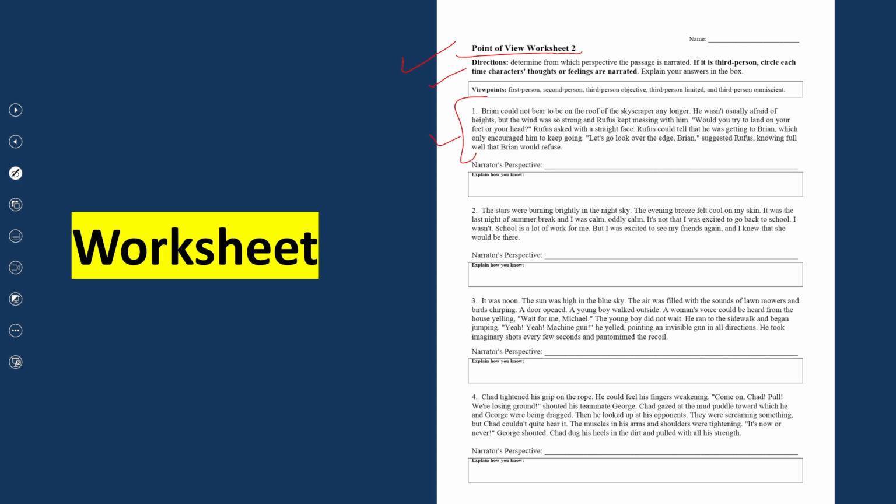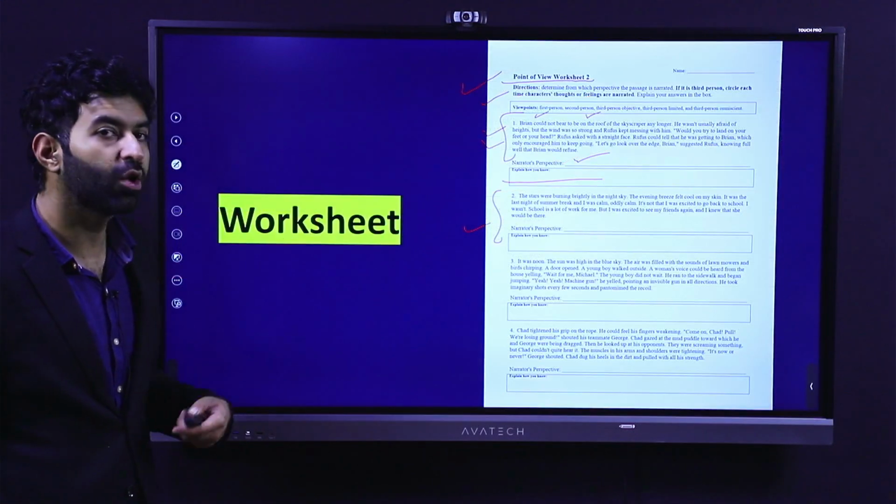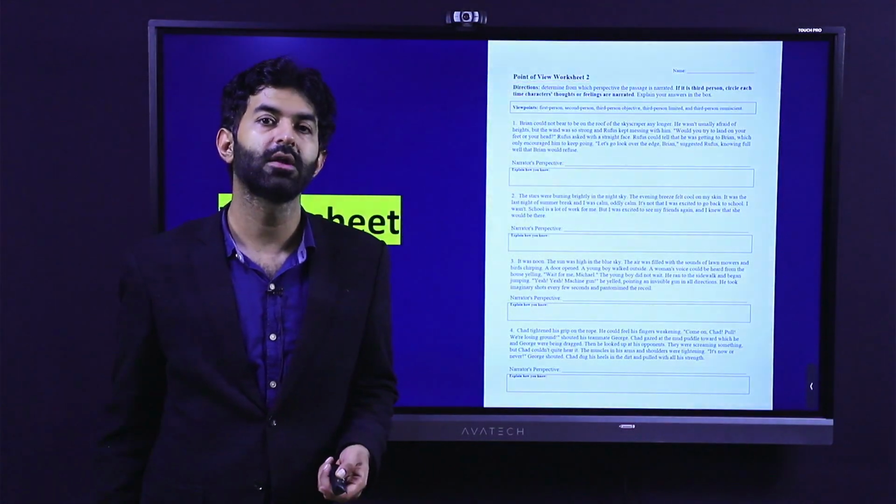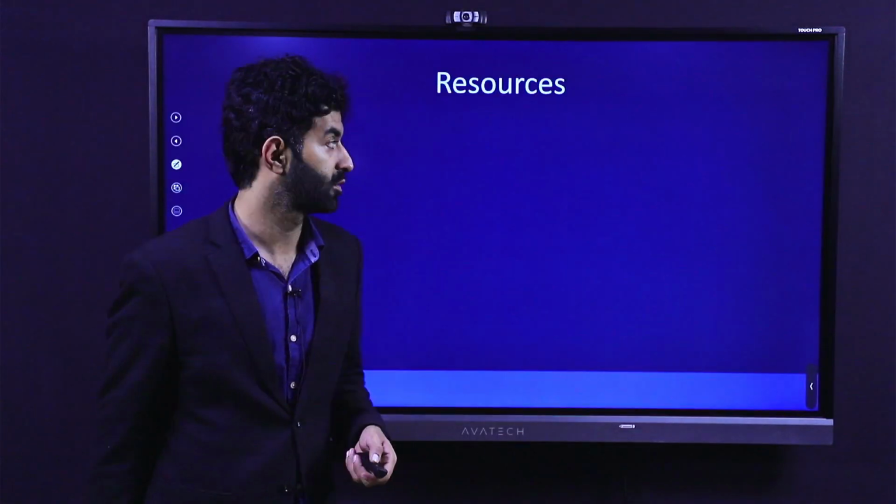Read this. What is the narrator's perspective? Brian could not bear to be on the roof of the skyscraper any longer. He wasn't usually afraid of heights, but the wind was so strong and Rufus kept messing with him. So find out what the narrative perspective is and how you know it. The same goes for the rest of these different passages. Apply what you have learned just now.